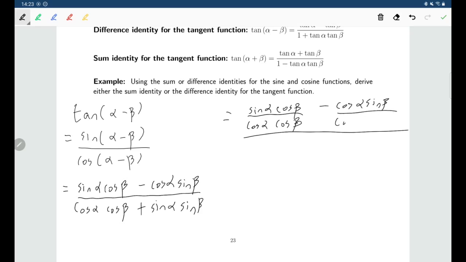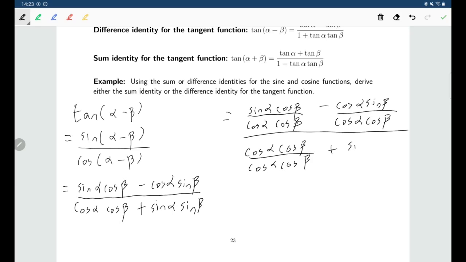And one of the things that we'll see here is that when I'm doing this, there's going to be quite a bit of cancellation. So there's a lot of cosine alphas and cosine betas that will cancel out, and then what I'll be left with will be some tangents after a little bit of thinking.